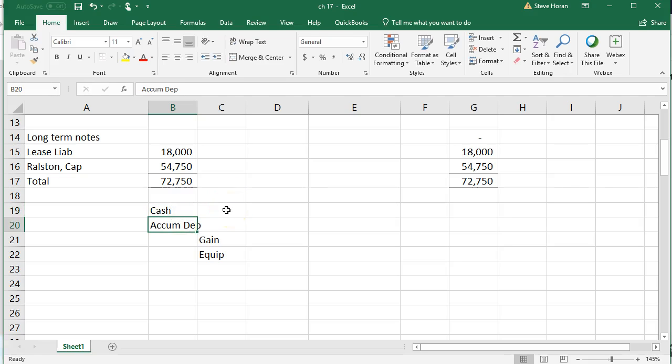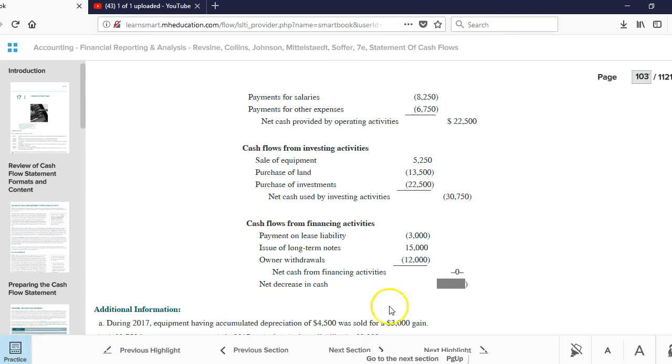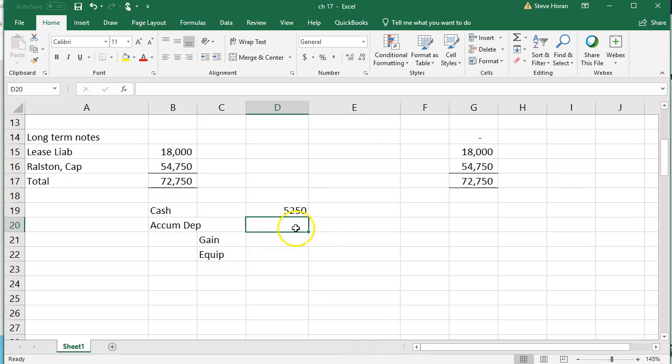So per the cash flow statement, I know I've got a debit to cash of $5,250. I sold this for $5,250, and that's the number right here. Well, it had depreciation of $4,500 right there, and a gain of $3,000. So I make the depreciation go away by giving it a debit.